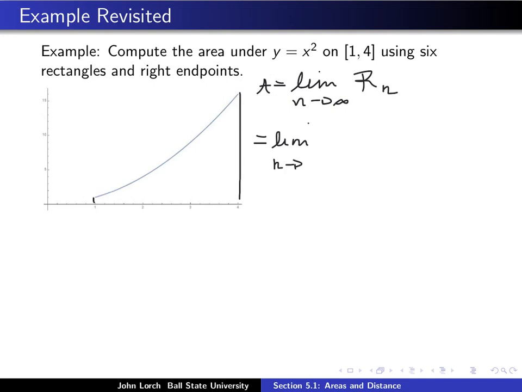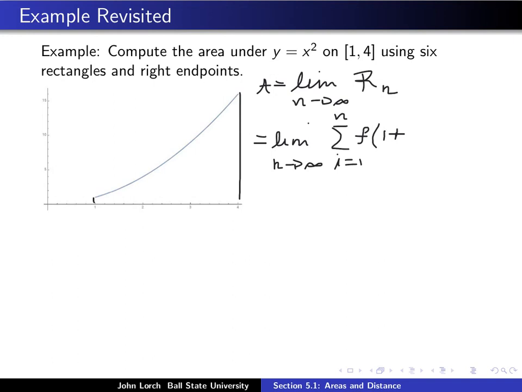Now, the nth right-hand endpoint estimate is a sum of areas of rectangles from i equals 1 to n. And we were told on the previous slide that we get that by taking f of a, which is our left endpoint. Well, in this case, our left endpoint is 1, plus, and then we take i times (b minus a) over n.